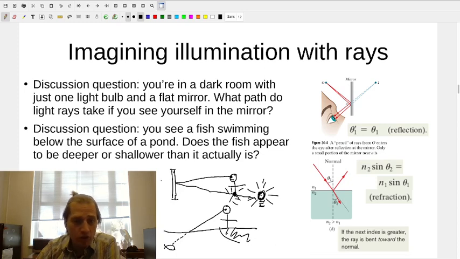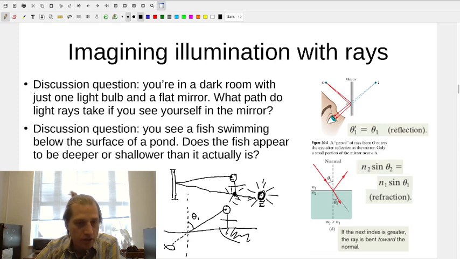And so when you look under the water and you see that fish, you presumably are going to simply trace that line the way that you normally would. But if we think about Snell's law and think about what's happening with the angle, light is traveling faster in air than it is in the water.